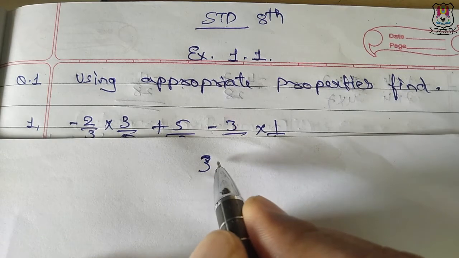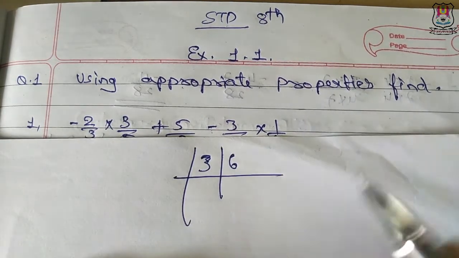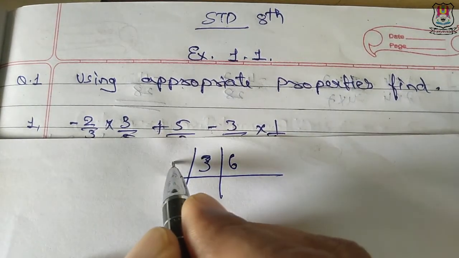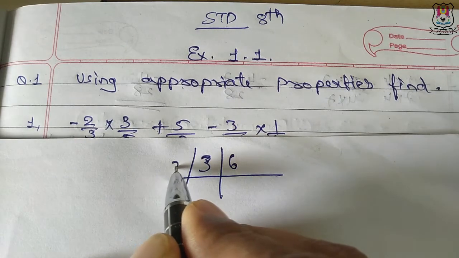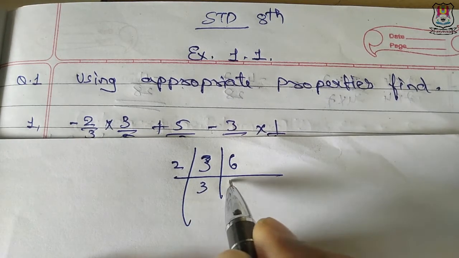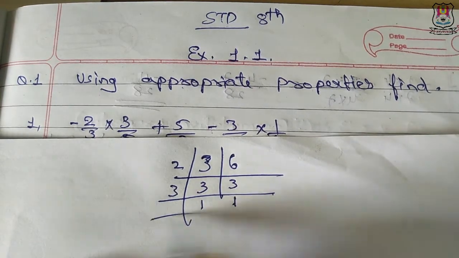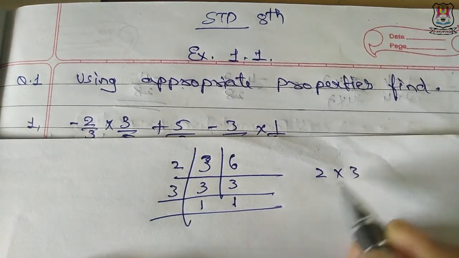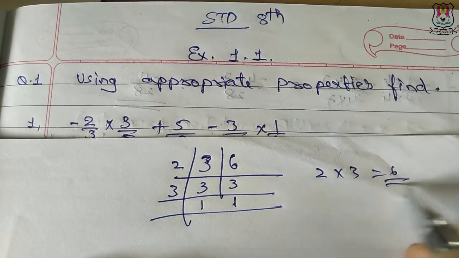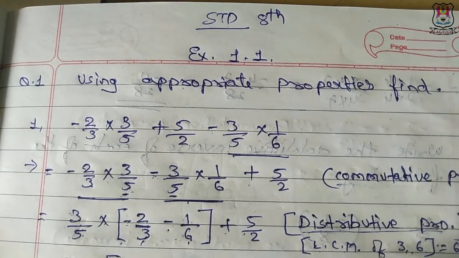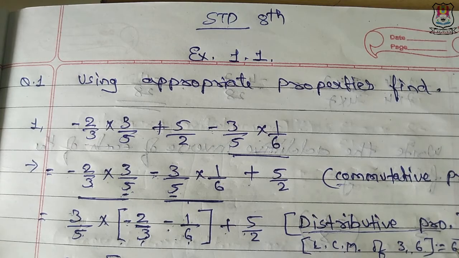LCM of 3 and 6, let's start with 2 and 3 as it is, 2 3s are 6, 3 1s are 3, so I got 2 and 3, so 2 3s are 6 is the LCM, so that's why I have written over here LCM of 3 and 6 is equal to 6.